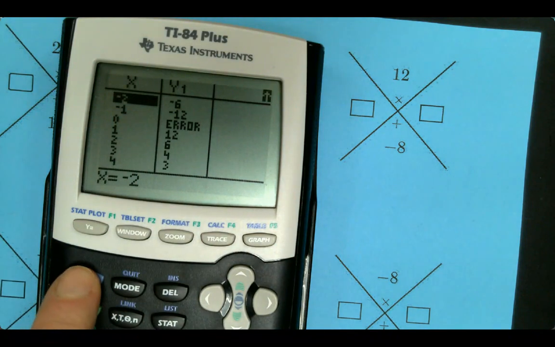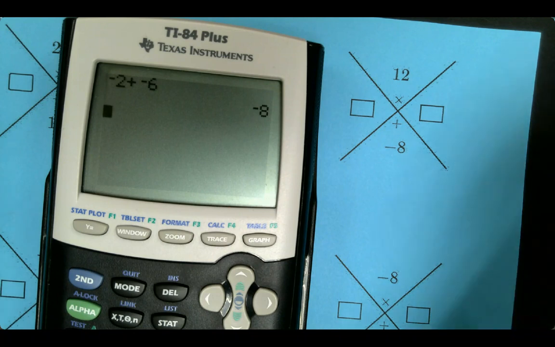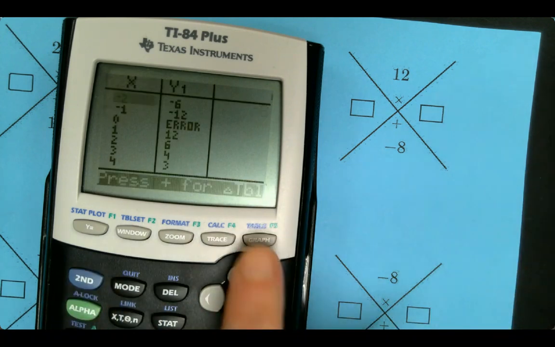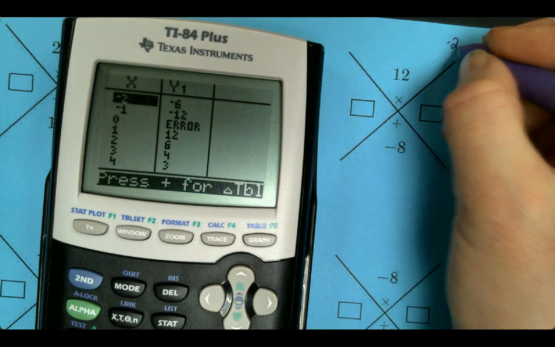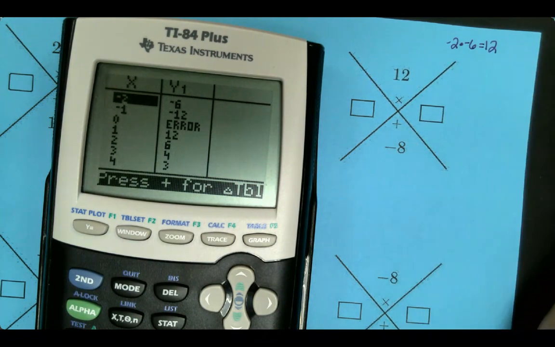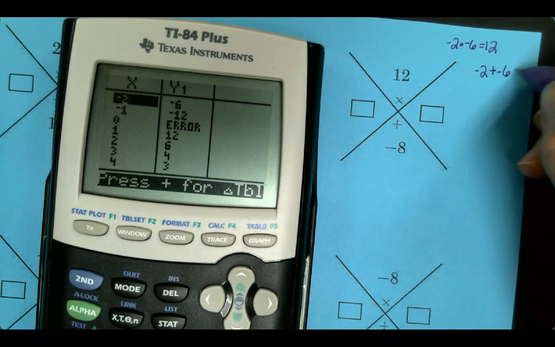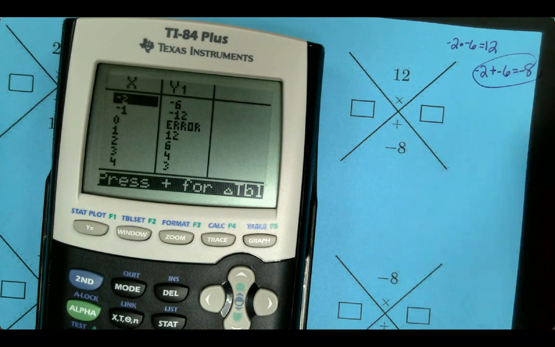You can always hit second quit and try it out, then use second graph to get back to it. So negative 2 times negative 6 gives a positive 12, and negative 2 plus negative 6 gives negative 8. So those are the magic numbers.